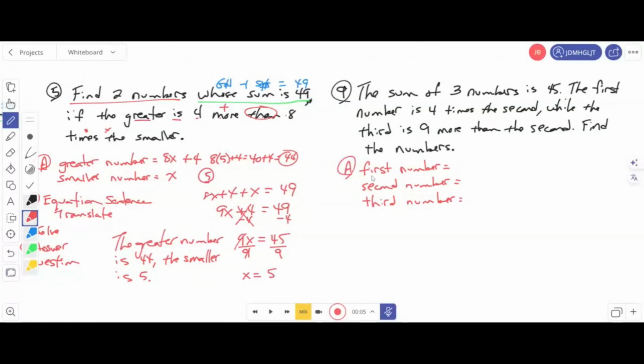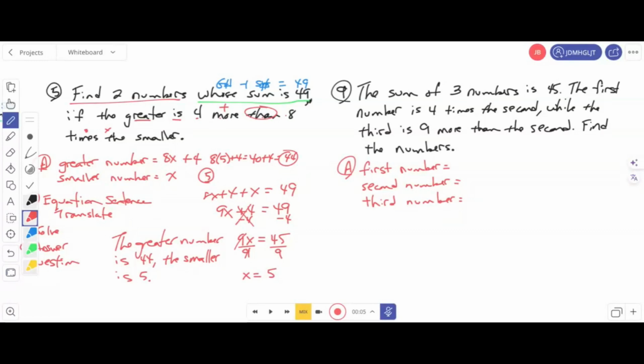I need a sentence that says the first number is, the second number is, the third number is. Well, they give me 2 of them, but they don't give me the other one.